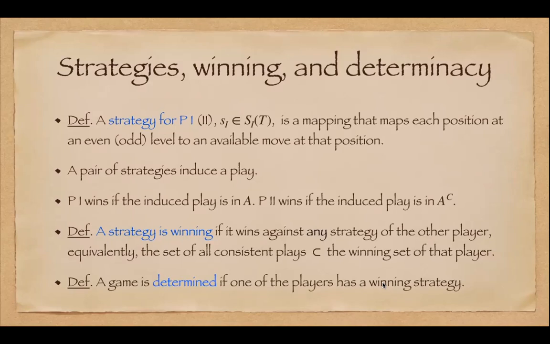If it's player 1, it's the set A. If it's player 2, it's the complement of A. And a consistent play or a consistent position is just a play or a position that agrees with the moves of that strategy.